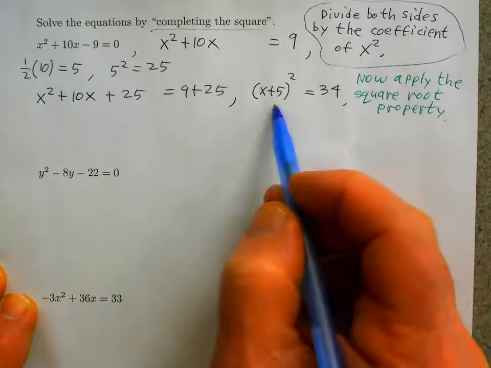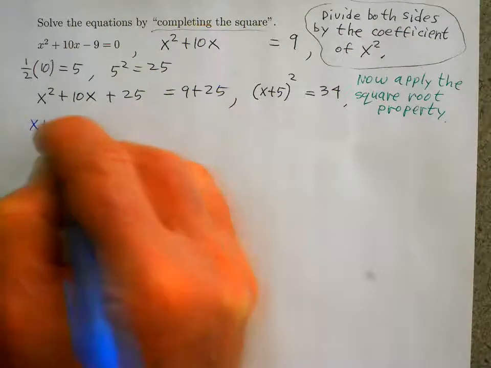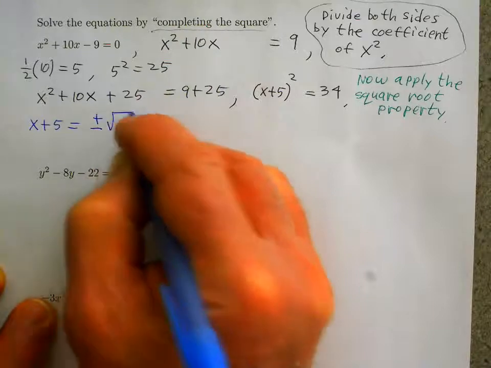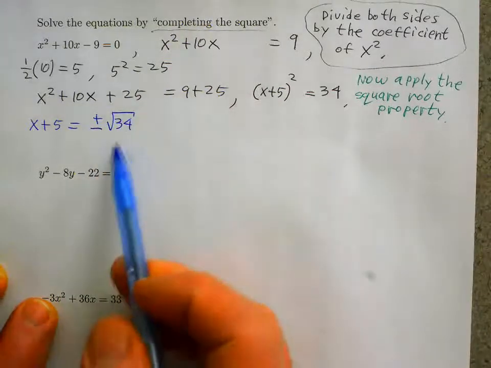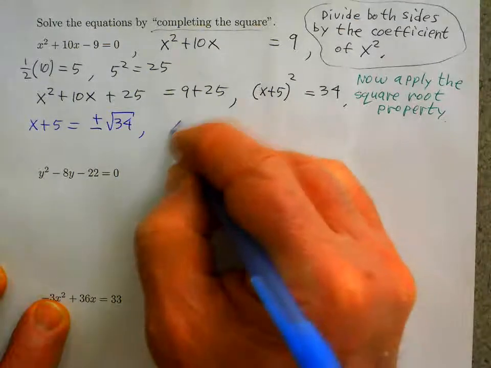When we apply the square root property, we write x plus 5 equals positive and negative square root of 34. The square root of 34 cannot be simplified, so we can write the two solutions.